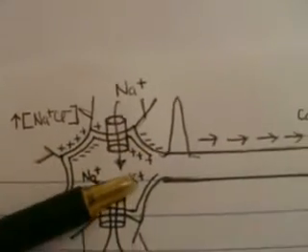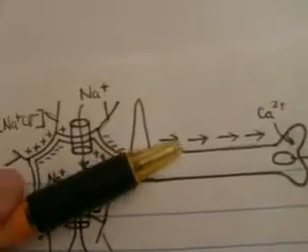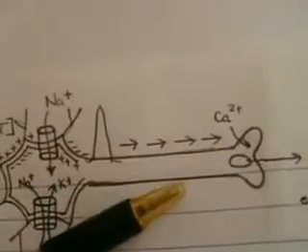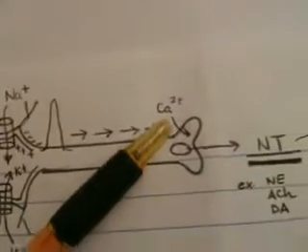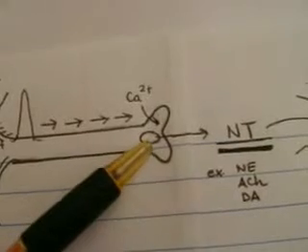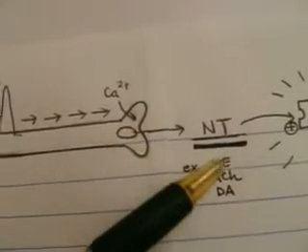That propagates an action potential down the axon until it gets to the nerve terminal. At the nerve terminal, there's a calcium-regulated response in which neurotransmitters within a vesicle are released into the synaptic cleft.